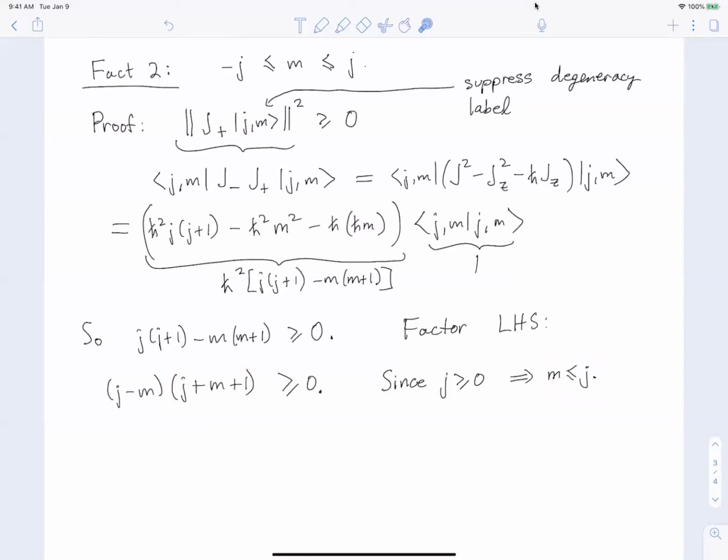And now, and this is another theme, anything that we can do with j plus, we can do with j minus just by flipping a few minus signs that you have to work out where they go.